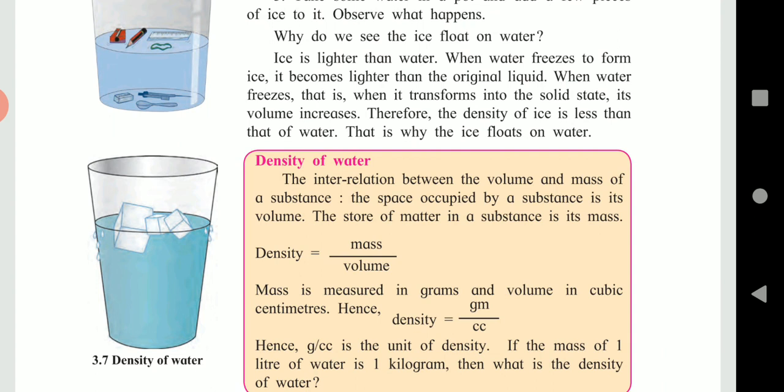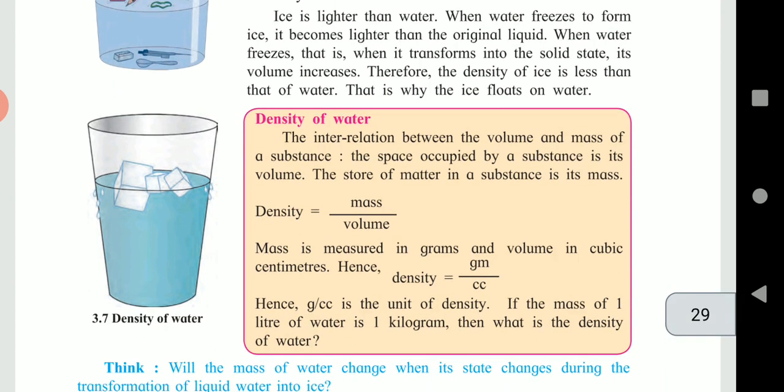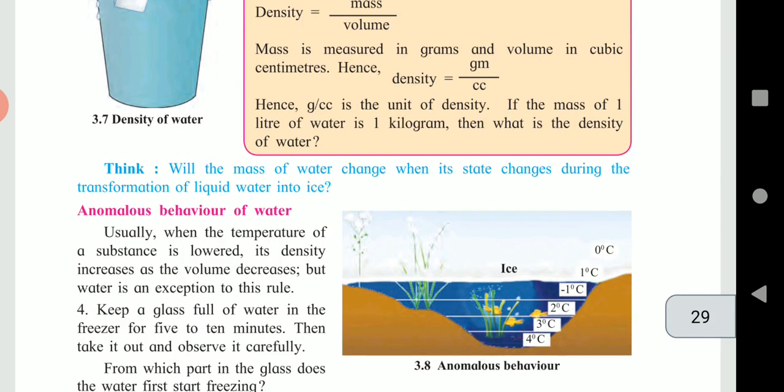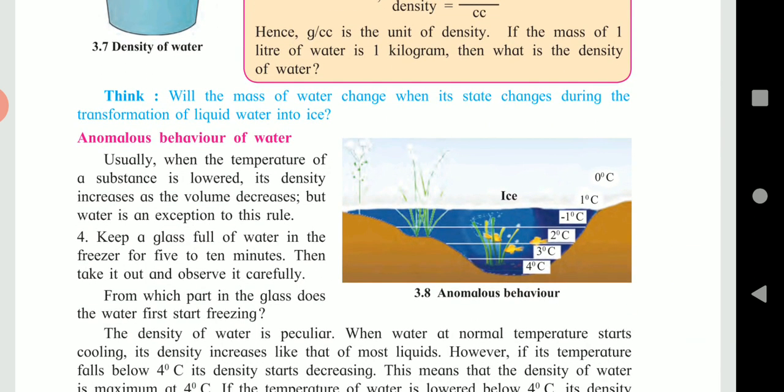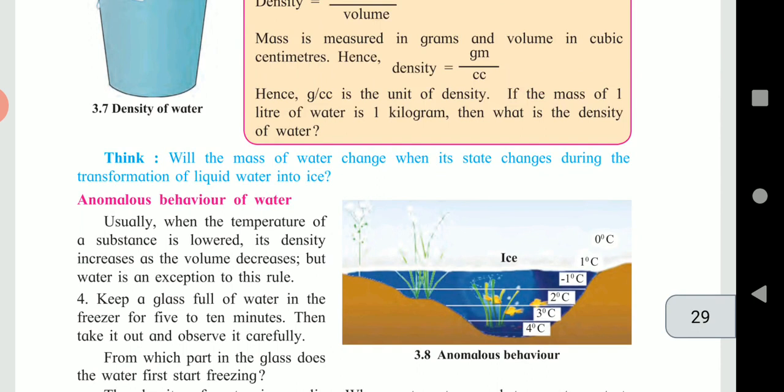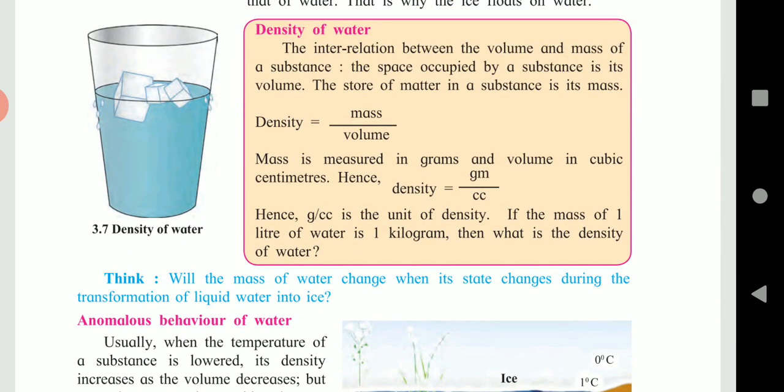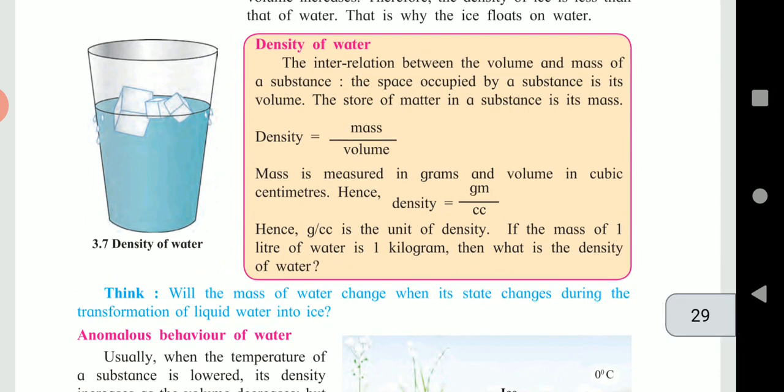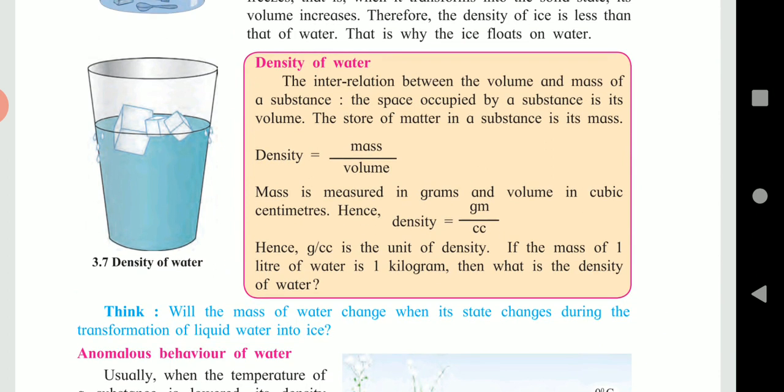Now see the third activity. Take some water in a pot and add a few pieces of ice to it. What do you observe? You will see, in figure 3.7, that ice floats on water. Why does this happen? Ice is lighter than water. When water freezes to form ice, it becomes lighter than the original liquid, that is, water. When it transforms into the solid state, its volume increases.